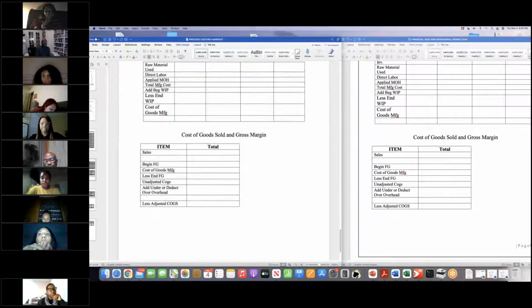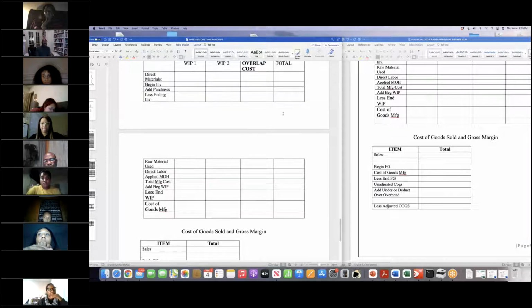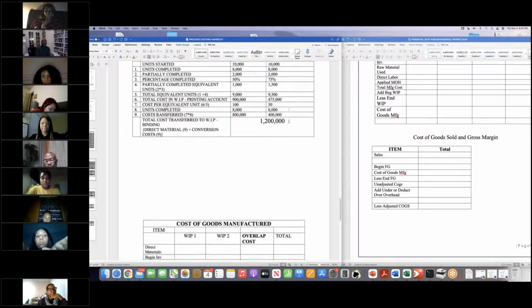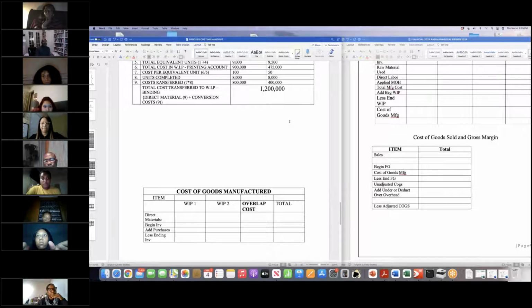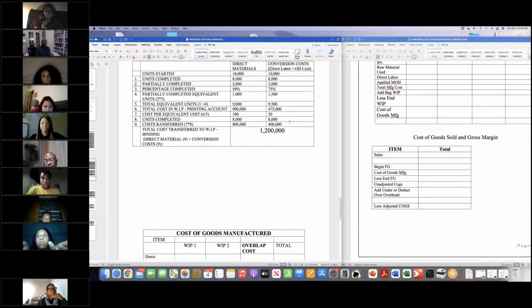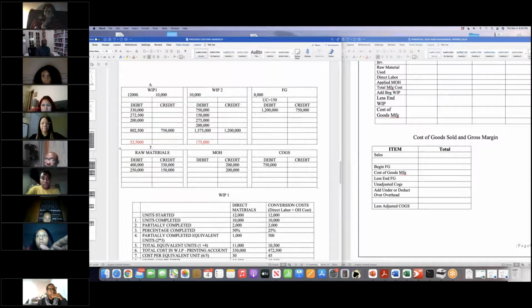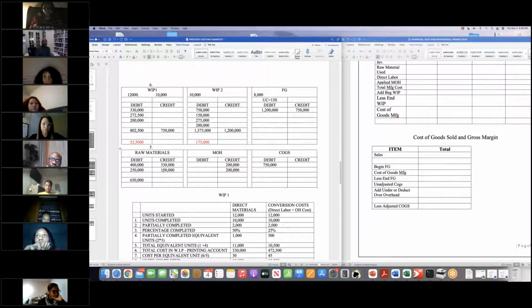So now let's see if we can get a cost of goods manufactured and a cost of goods sold statement done. Think we can get that done? Sure, we have 10 minutes left. So the raw materials purchase was what? 650,000, correct? And the raw materials transferred out was 480,000, I believe.